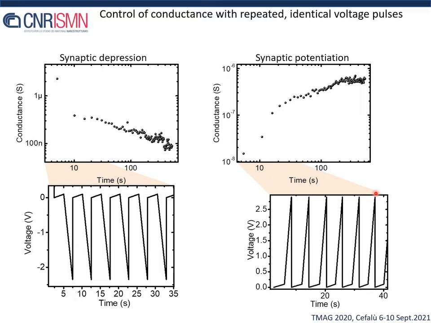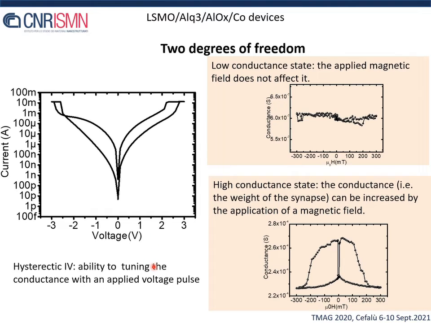For example, if a learning algorithm tells me that I have to raise the conductance, I simply apply a positive voltage pulse. The devices are resistive memories, but also spintronic devices. When in the low conductance state, that is low synaptic weight, the conductance is not affected by the applied magnetic field.